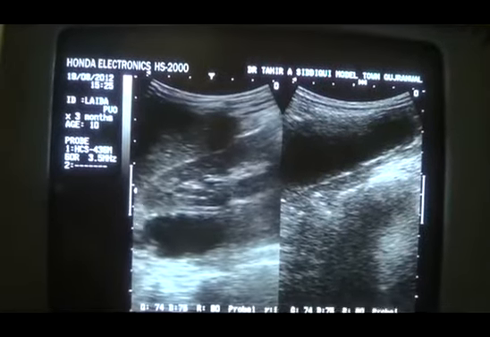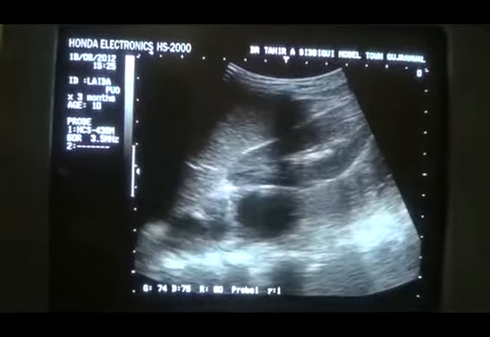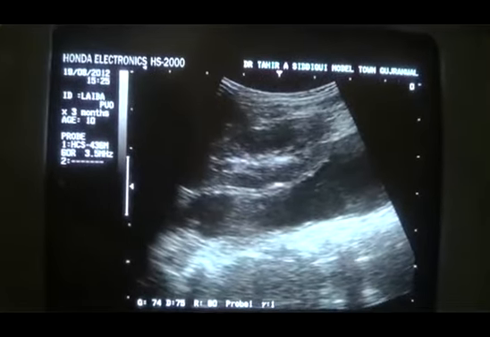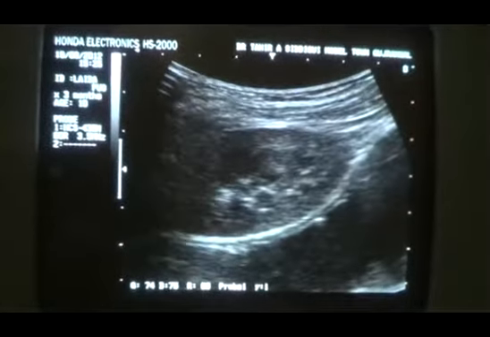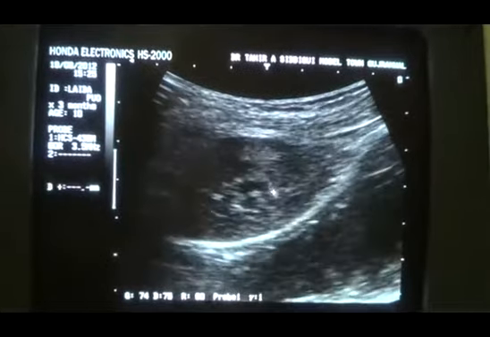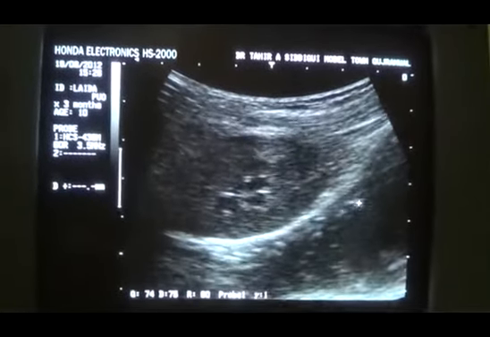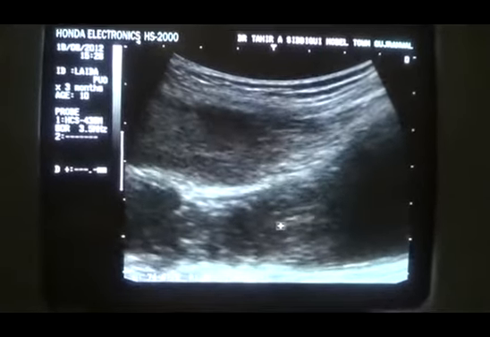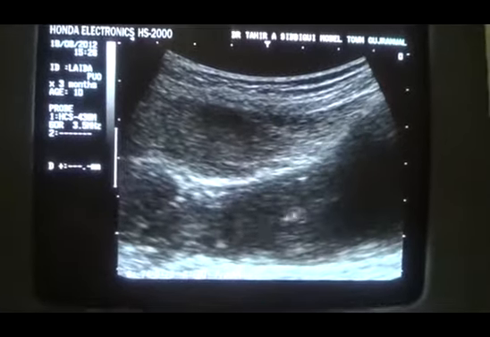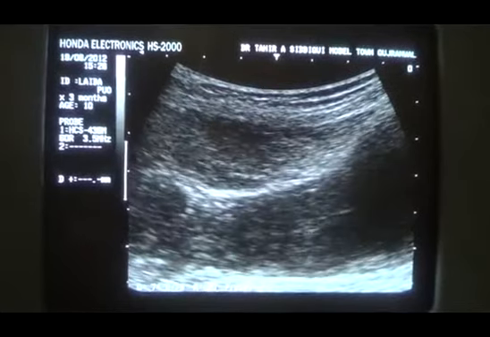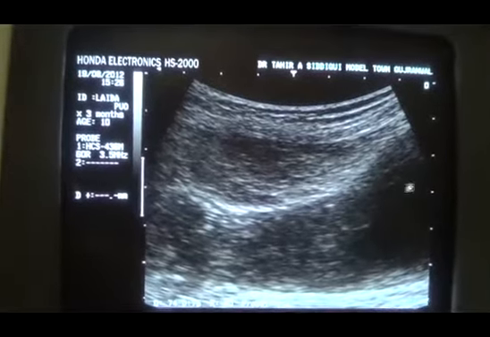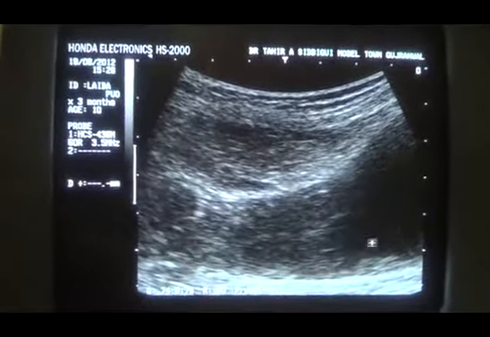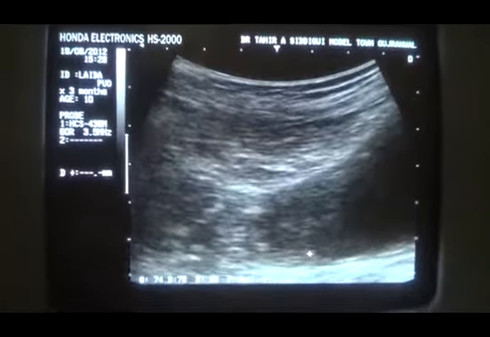Now see, there are echoes in this. I will have to magnify to make it clear. Yeah, marginal calcifications. You can see these are marginal echogenicities, and you can see these sand-like particles within this flocculated fluid area.